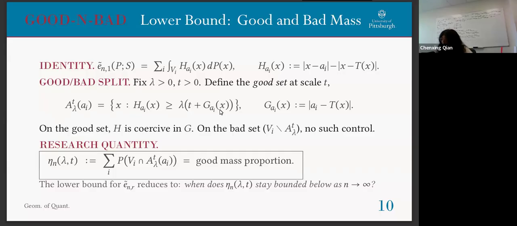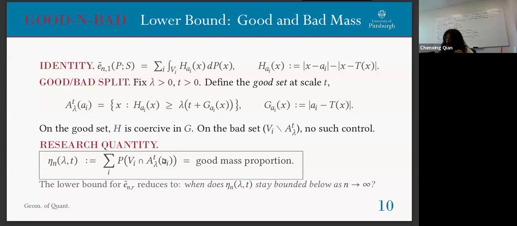So why am I doing this? Because this harmonic analysis technique naturally introduces a new quantity, eta n lambda t, which is the sum of all the masses of the Voronoi cells intersecting with the good set.